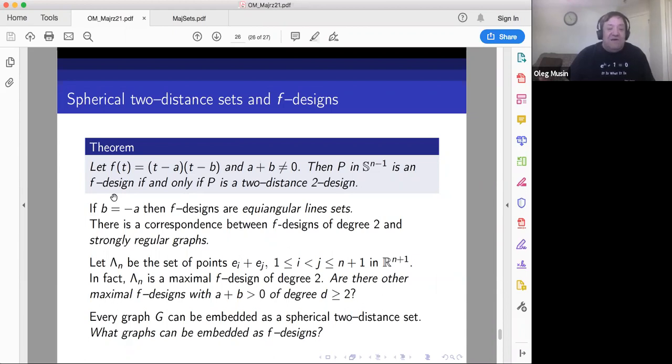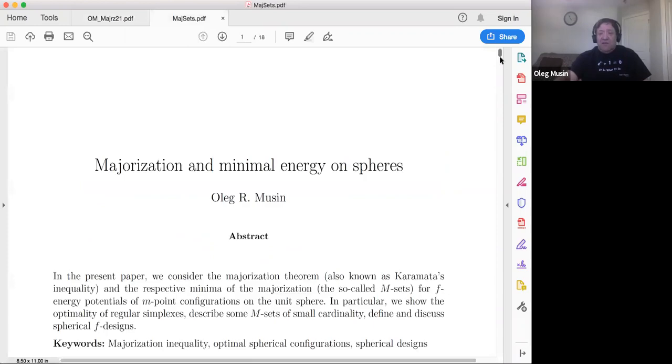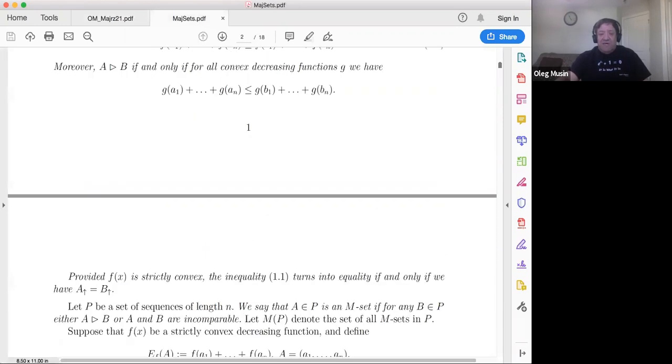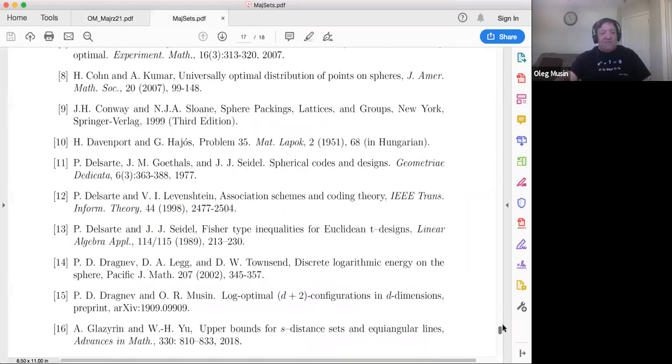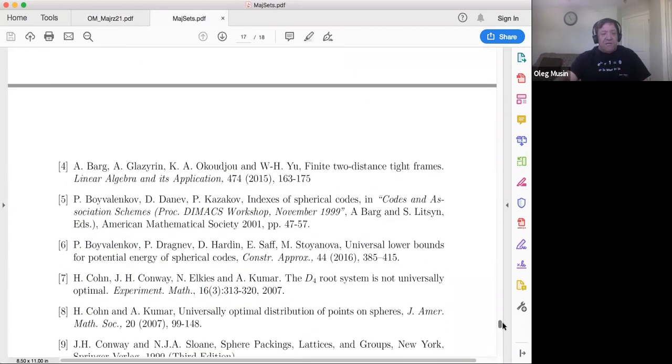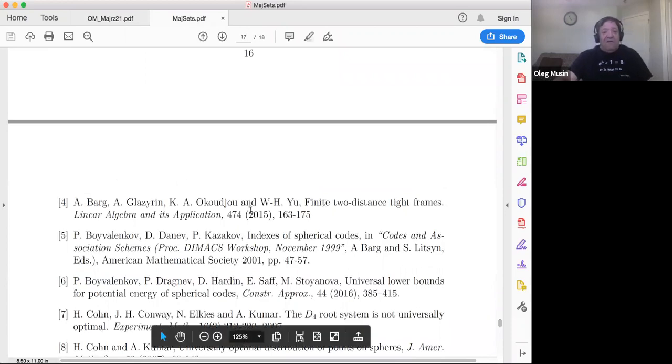It is the so-called equiangular lines. But in this case, we still do not necessarily have a sufficient condition. We have a participant here, by the way, who considered it in a paper, Burke.